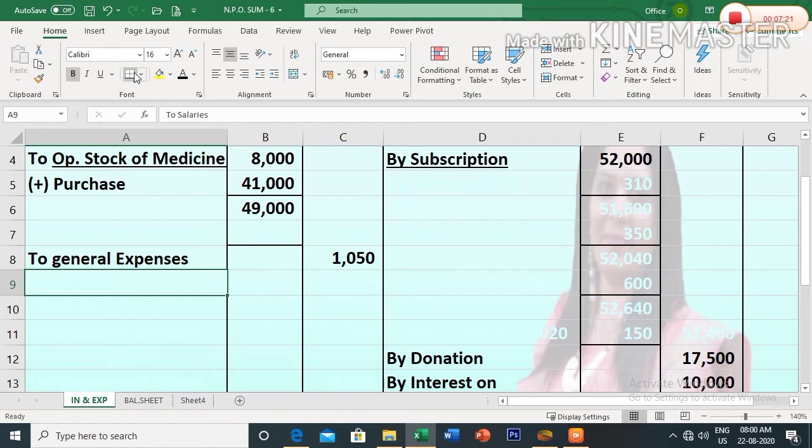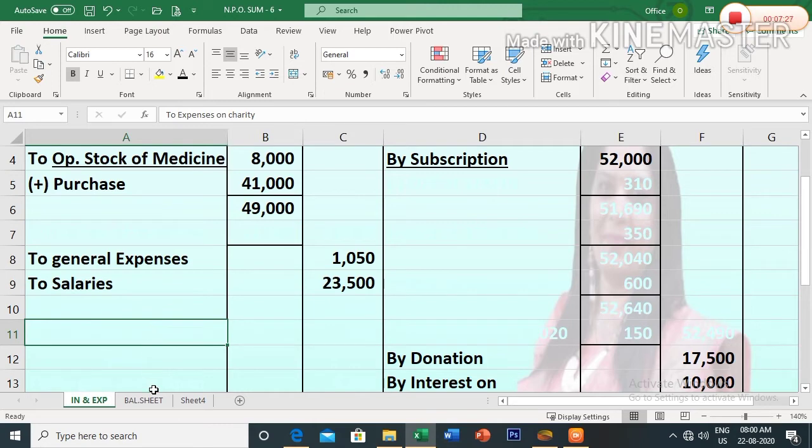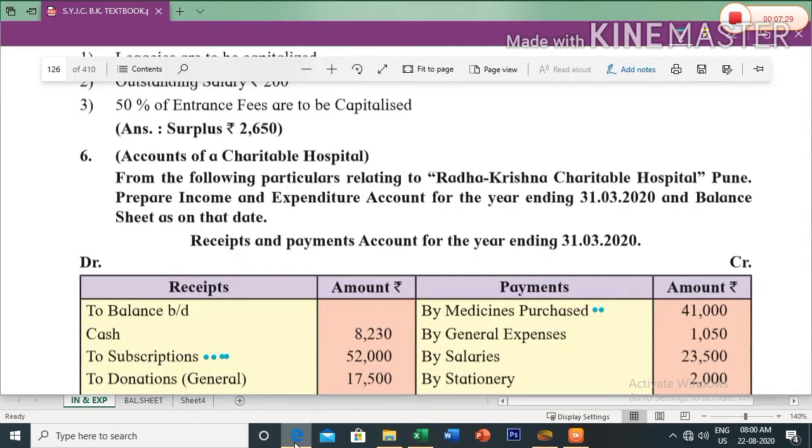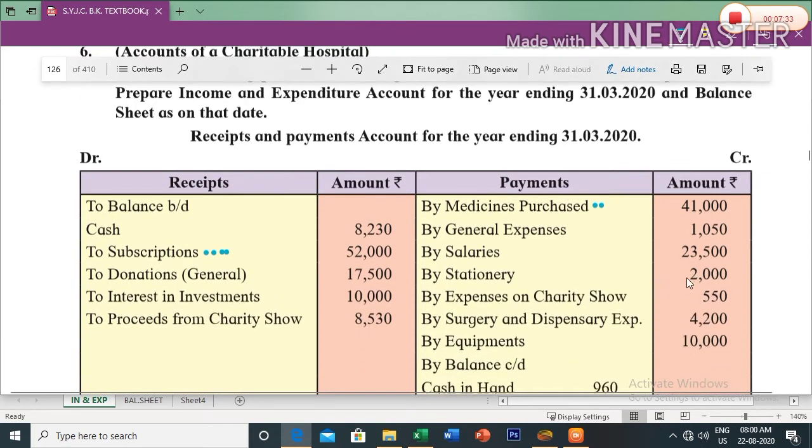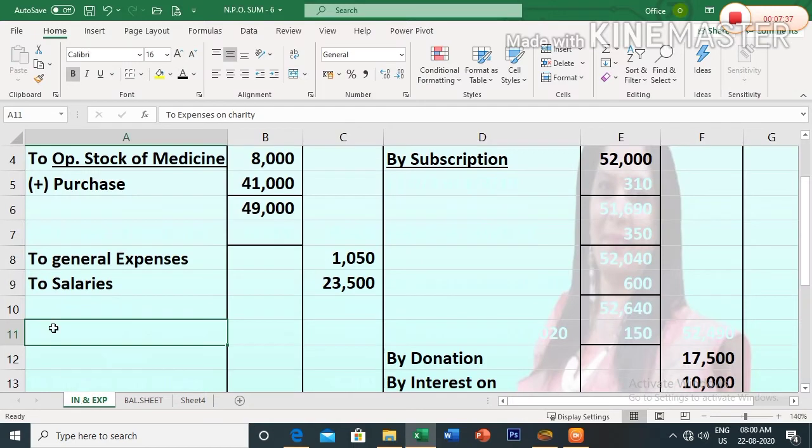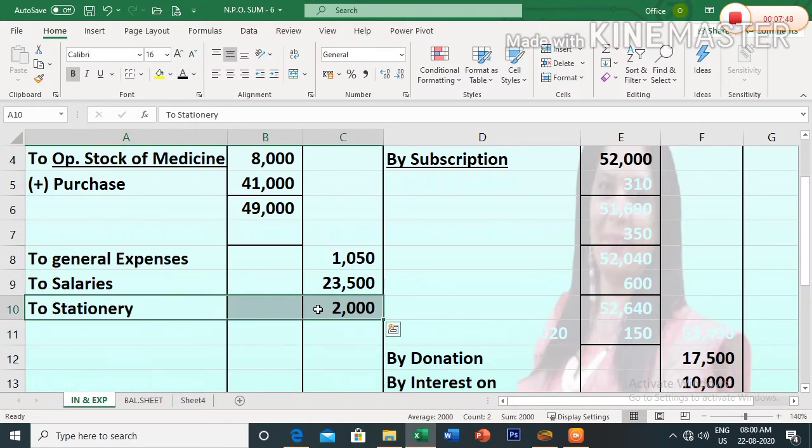To salaries 23,500. Then stationery 2,000. So in income and expenditure account after salary we will record to stationery 2,000.